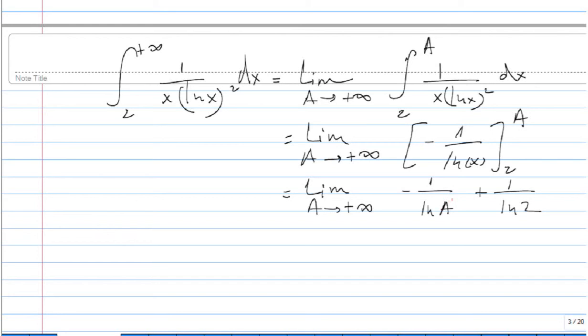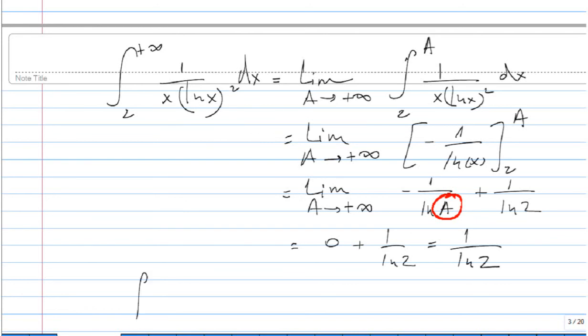So when a goes to infinity, ln of a will go to ln of plus infinity, which is plus infinity, and 1 over plus infinity is 0. So the limit of this is 0 plus 1 over ln of 2, which is 1 over ln of 2.